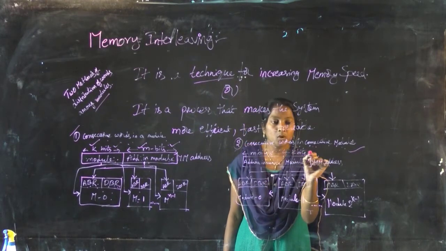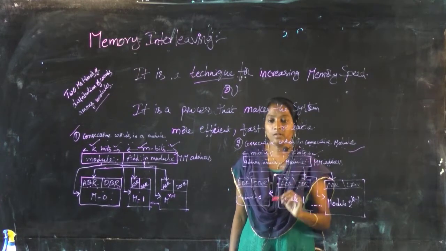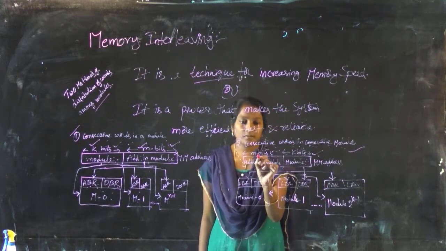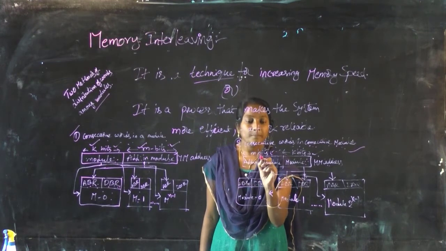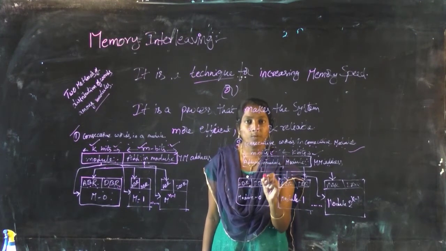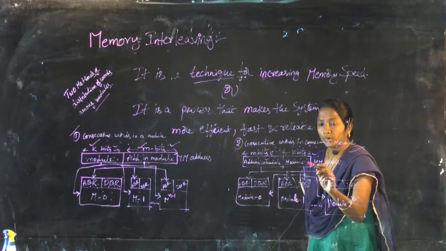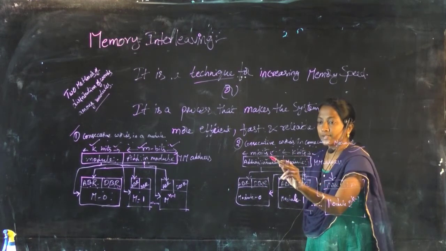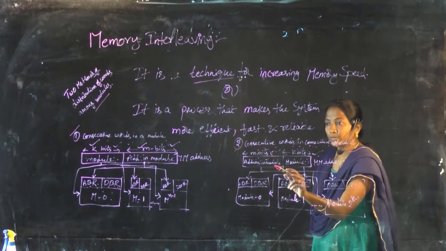The lower order k bits are used to represent the module, and the higher order m bits are used to access the memory location in that module. So lower order bits are used to get the module, and higher order bits, the m bits, are used to get the memory location in that module.